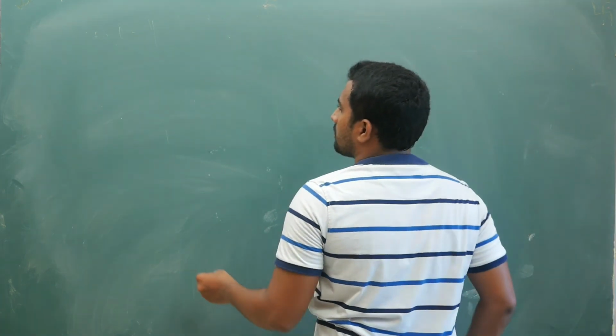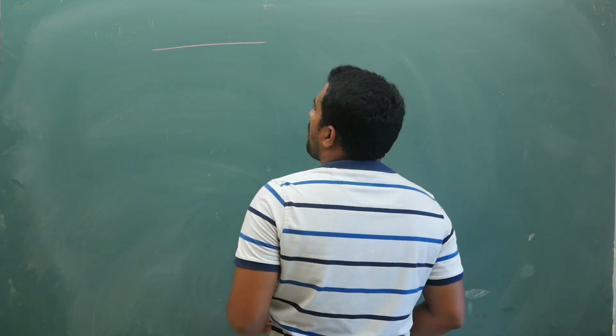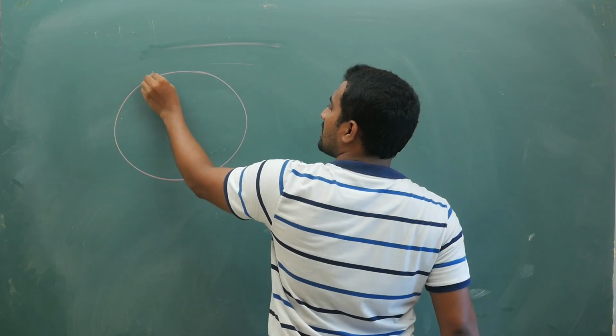Now your next example is, there is a charged ring like this.